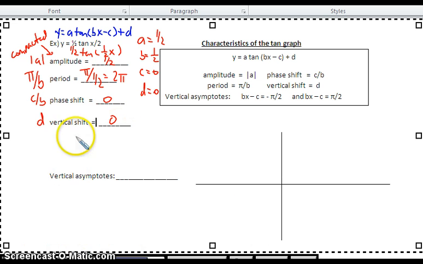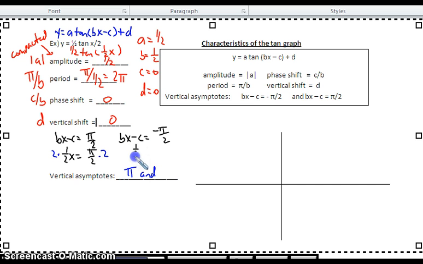If I find the asymptotes, the bx minus c equals pi over 2 and negative pi over 2. When I do this, my bx minus c for my problem is 1/2 x. So to get rid of the 1/2, I'll times by 2. And I'm going to get pi to be one of my vertical asymptotes.